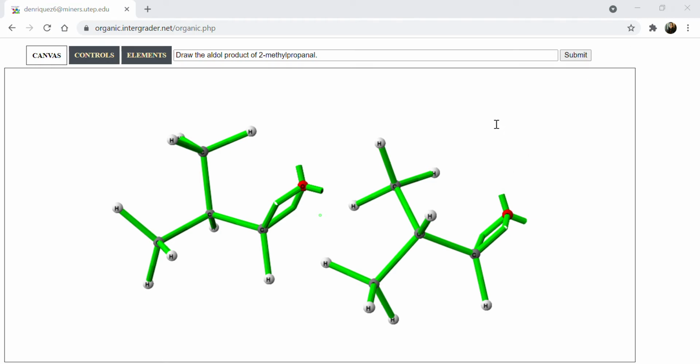What is it? Aldol product. I would go back and read in my book, but it would just be too long of a video. I'm just trying to look up what happens in aldol condensation.